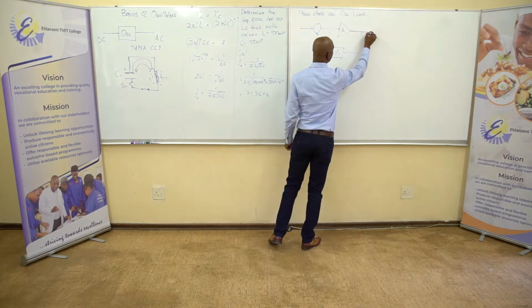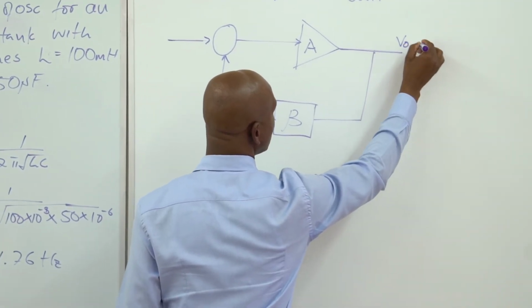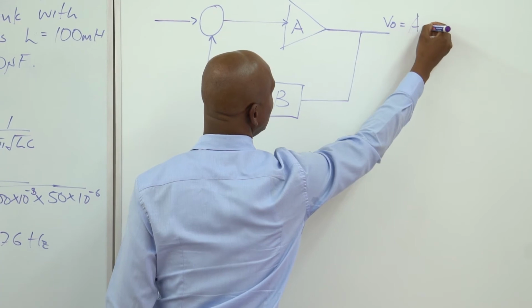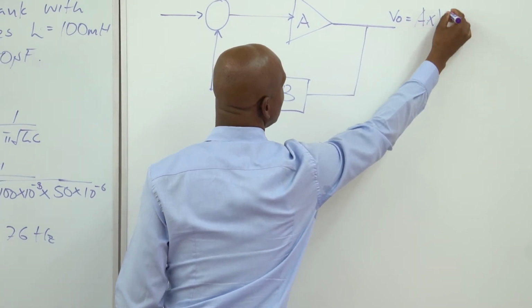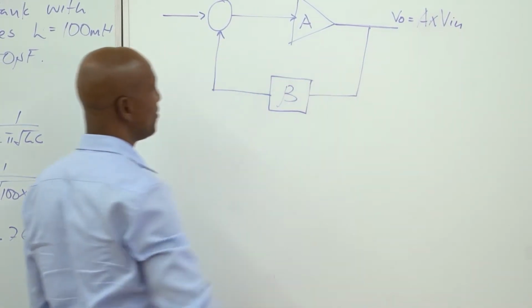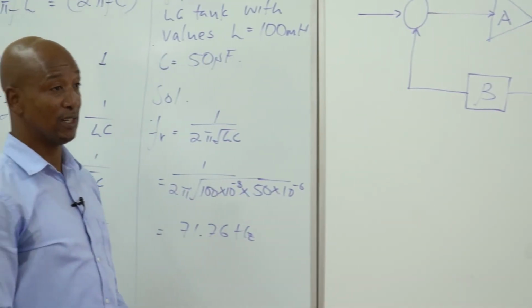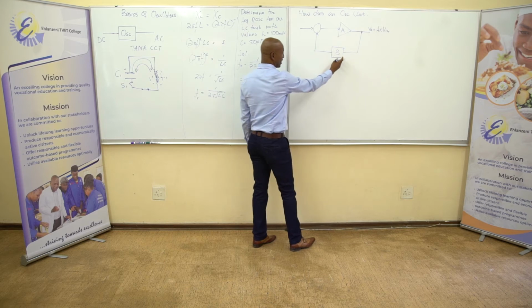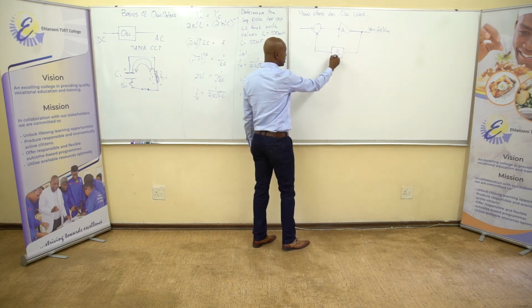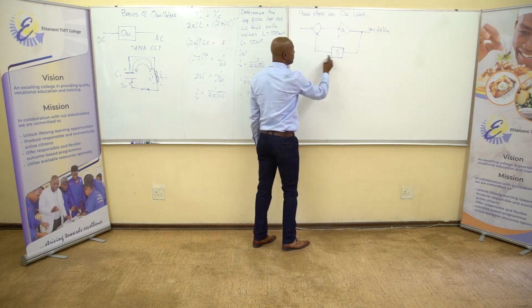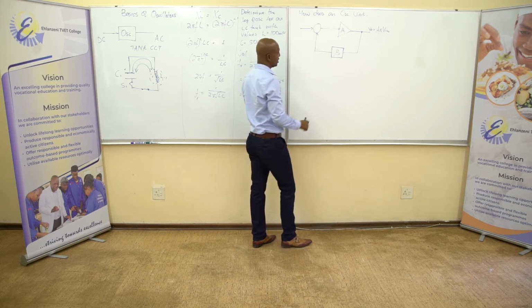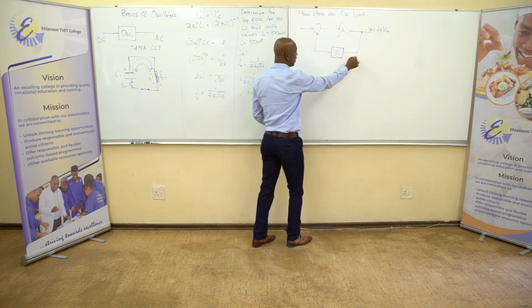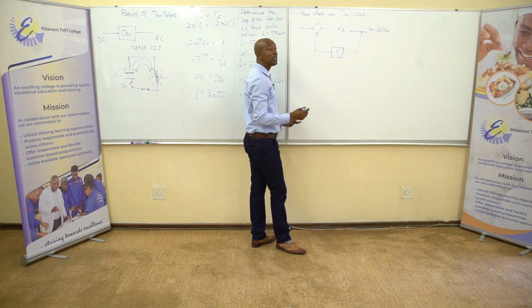We know by now that V out shall be equal to the gain times V in, the gain of the amplifier times V in. So it gives us V out. A certain fraction of V out is taken back into the input through what we call the feedback circuit. So feedback simply means taking our output back into the input.